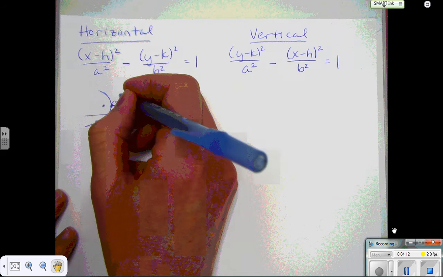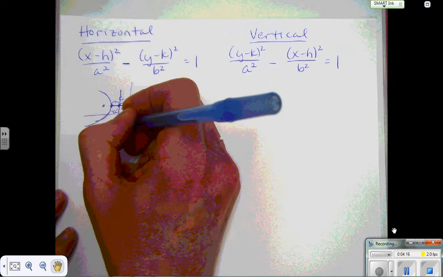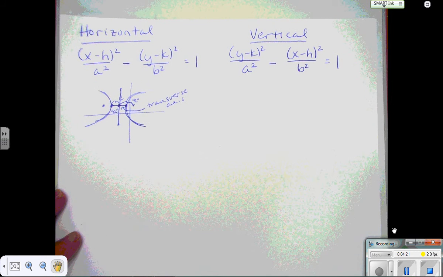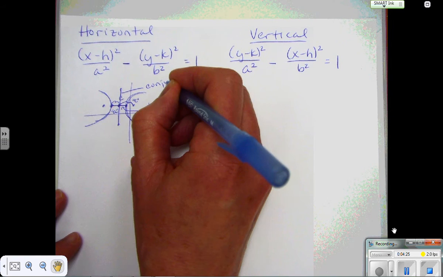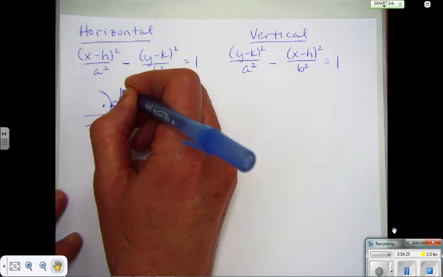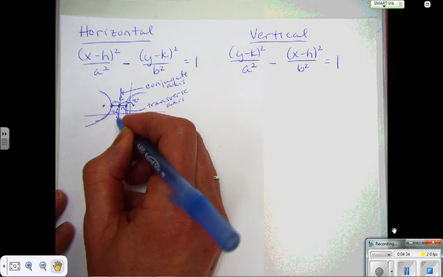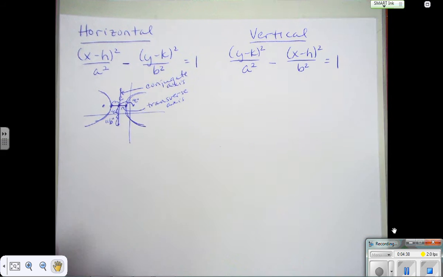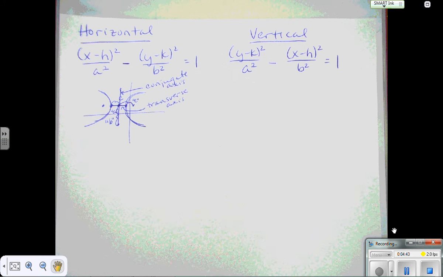But you do have this line that is perpendicular to the transverse axis, and that's called the conjugate axis. The distance from the center to one of the endpoints of that segment is called b. So it's all pretty similar to an ellipse.